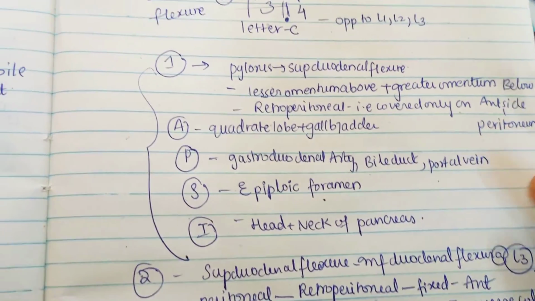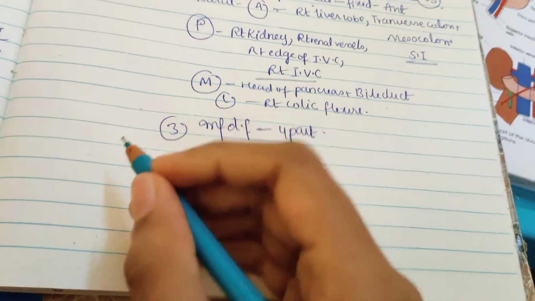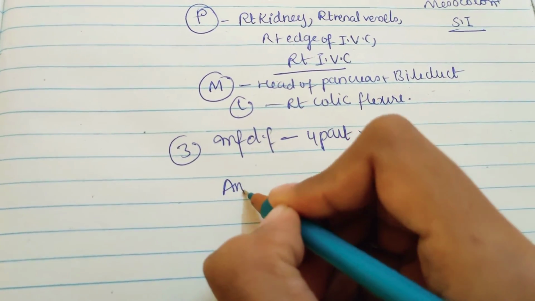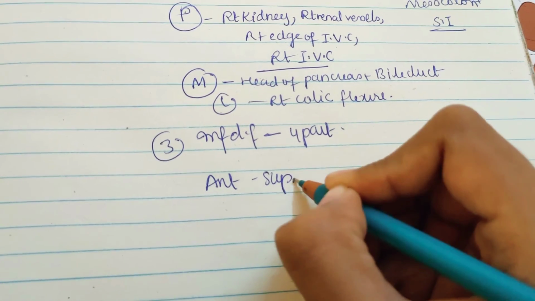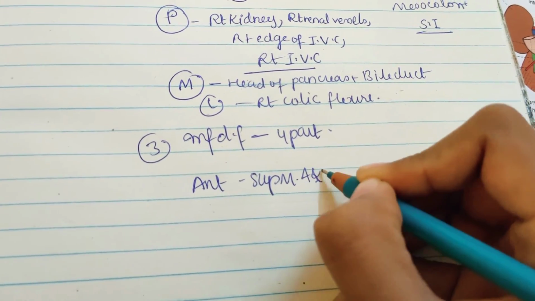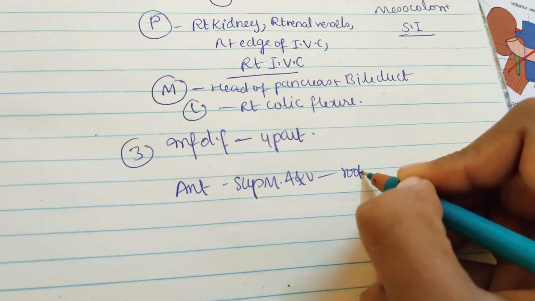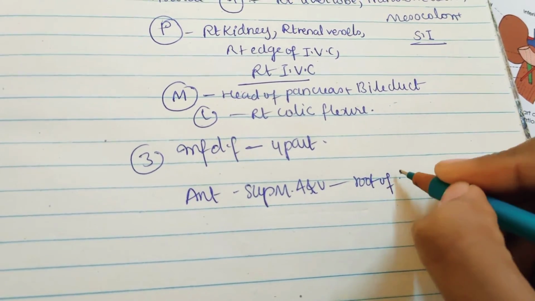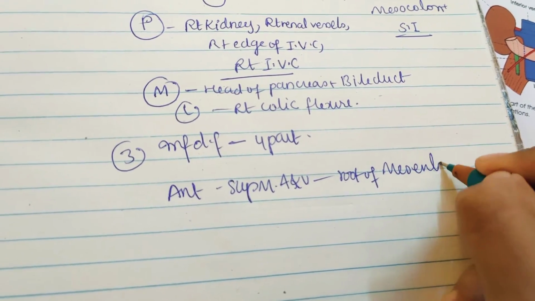So let us first try to write the relations. Anteriorly you will have the superior mesenteric artery and vein, and of course the root of the mesentery.